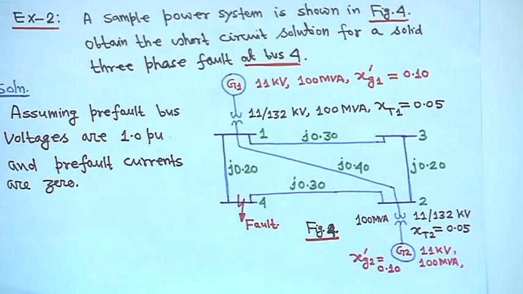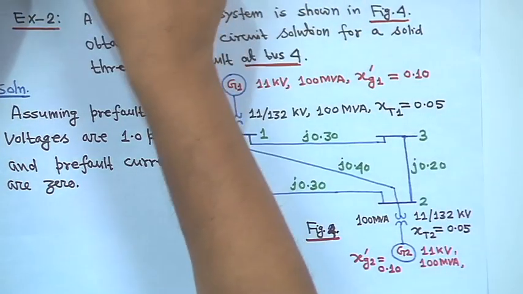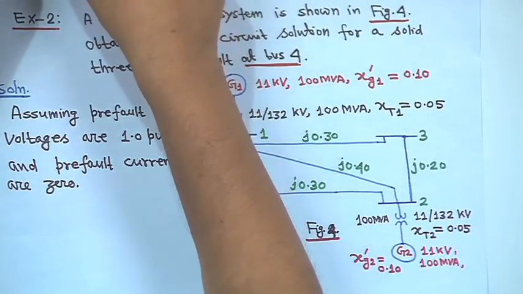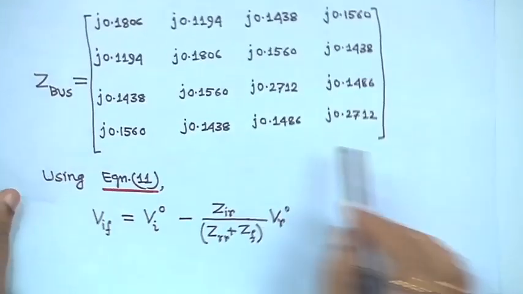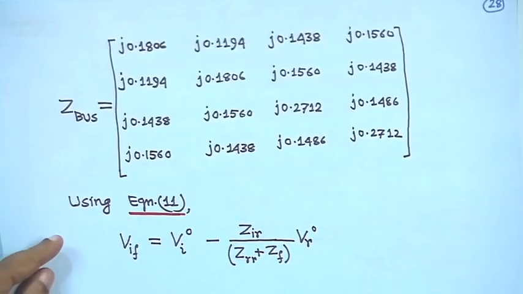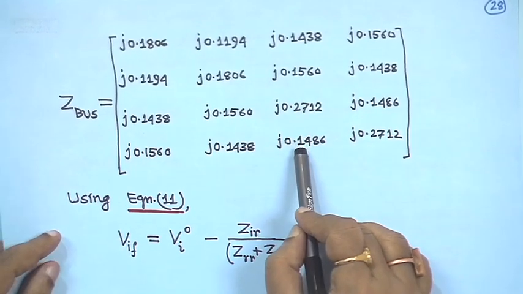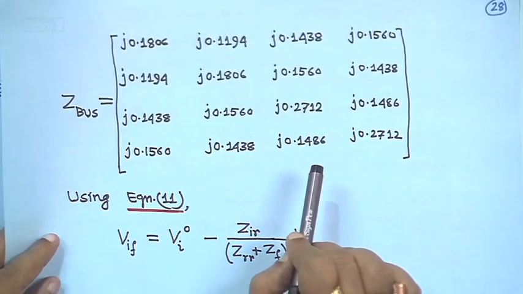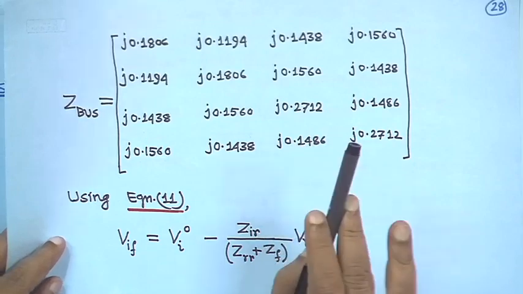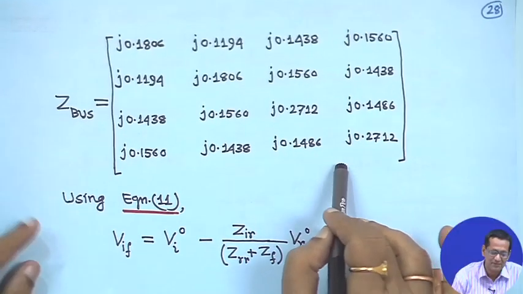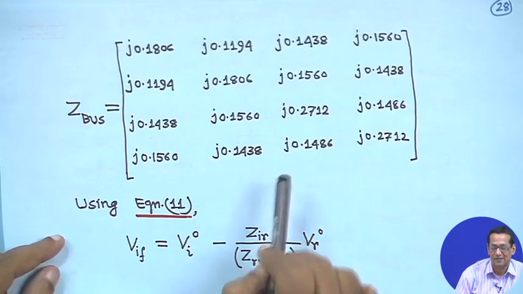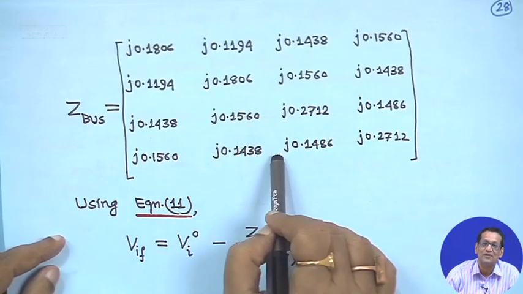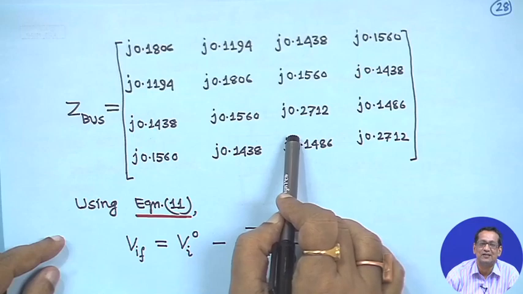It is a 4 bus problem, so Z bus will be a 4 into 4 matrix, remember that. In the classroom we cannot do a 4 into 4 matrix inversion from Y bus; we need a computer. So whenever we give numerical problems, this data will be provided, so the Z bus data is directly given.